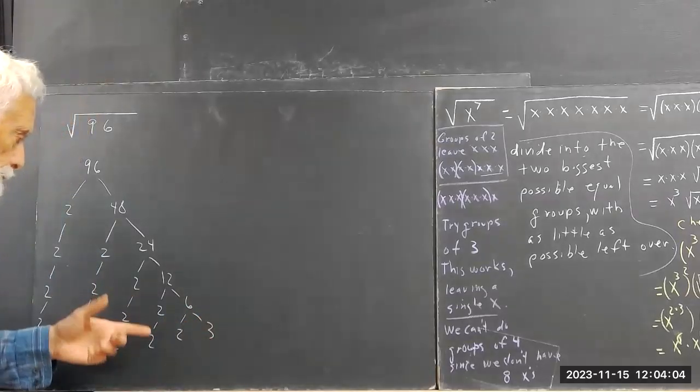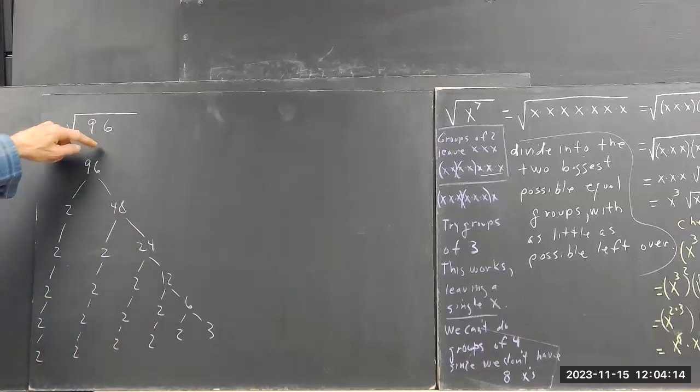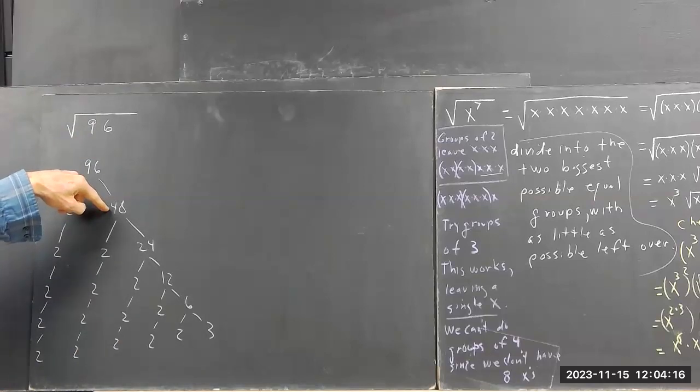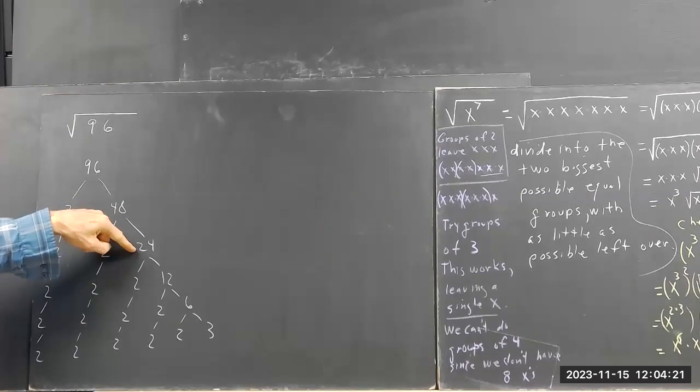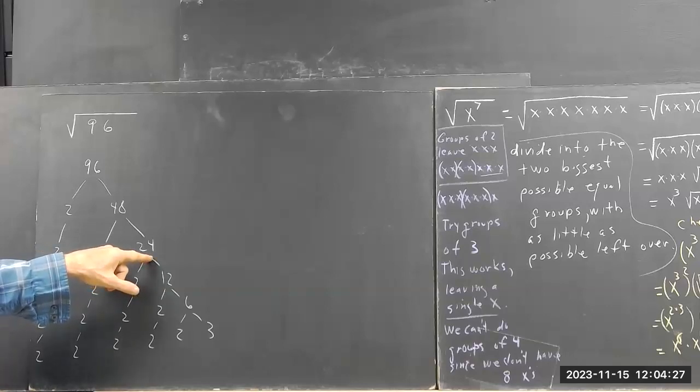Now I've done a bunch more steps. I'm not going to explain every one, but what we've done is we've divided every number we get by 2. We divide 96 by 2 and we get 48. Then we divide 48 by 2 and we get 24. And we write down the 2 and the 24 because 48 equals 2 times 24.